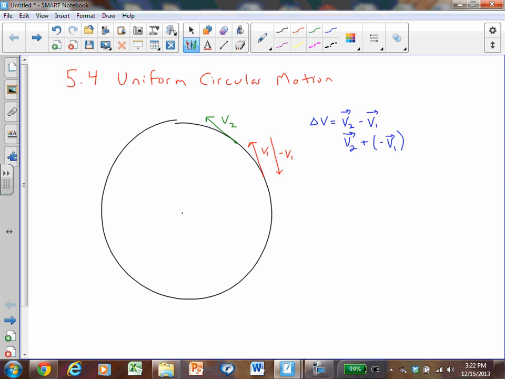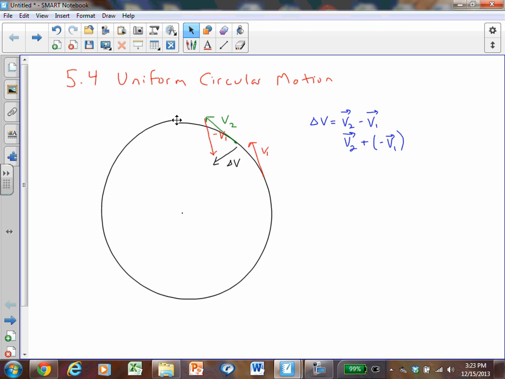If you add those two vectors, v2 plus minus v1, then here is your delta v, like so. And you notice it's center seeking towards the center of the circle. And that would happen anywhere you were to draw a v2 minus v1 on the circle.